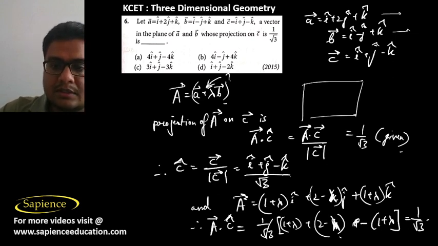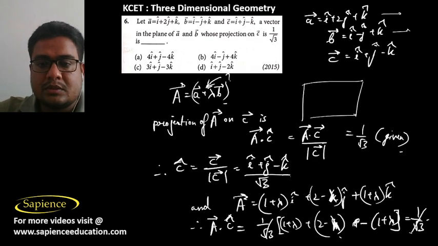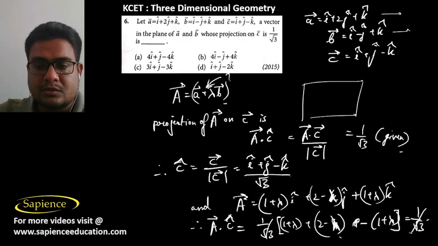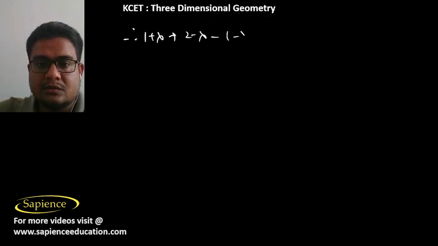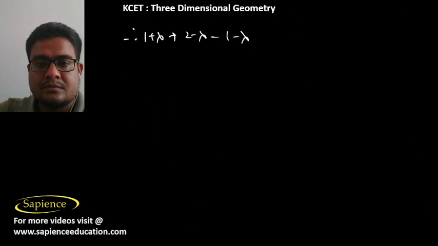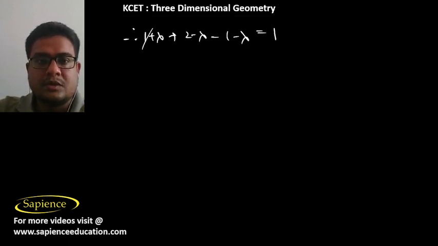So these two will get cancelled. Therefore, this value should be 1. Therefore, I can say 1 plus lambda plus 2 minus lambda minus 1 minus lambda should be equal to 1. 1 and 1 will cancel.